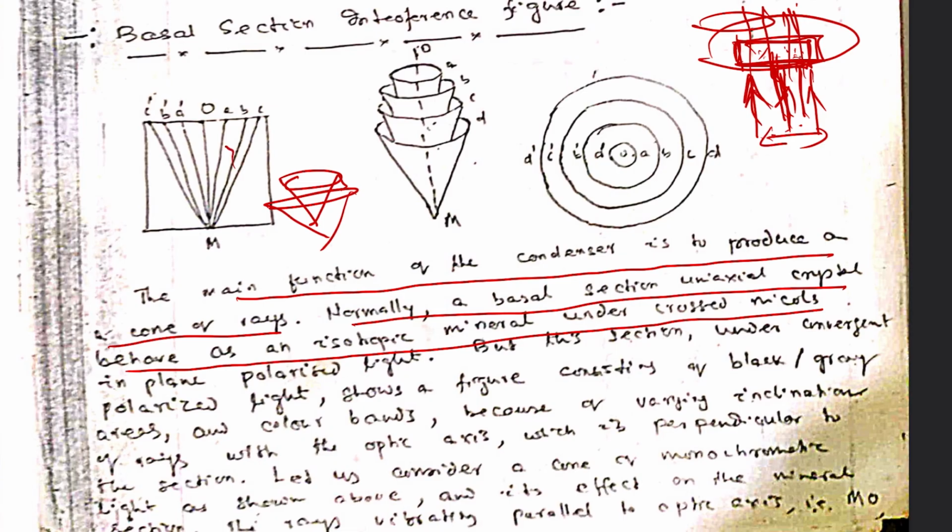This is the section. So the rays are falling obliquely to the section. So the total darkness condition will never result, as we get the darkness condition in crossed Nicols under plane polarized light.